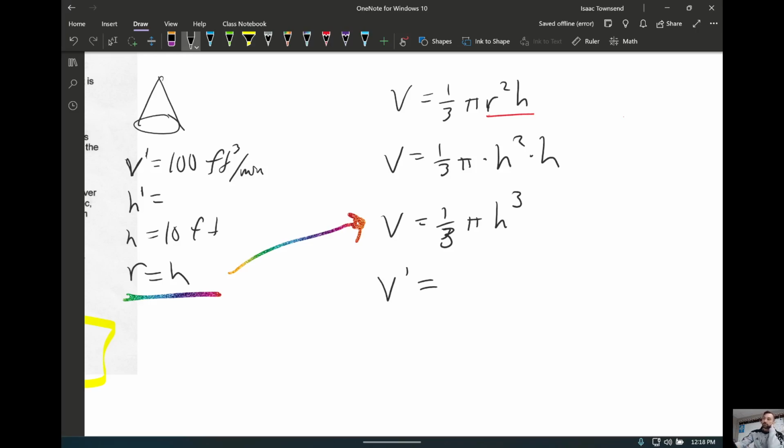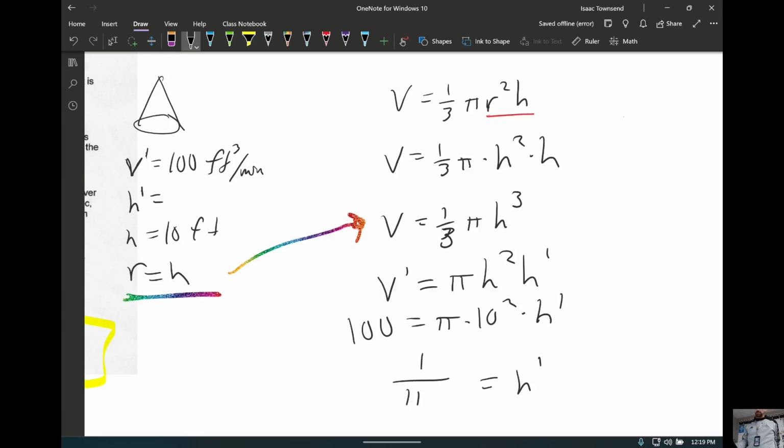Now do the power rule, bring the power down, lower the power by 1, make sure you include an h prime, and then we should be ready to go. I know this value, pi is just a number. So our answer should come from 100 divided by 100 pi, so that would be 1 over pi. Just what they got.